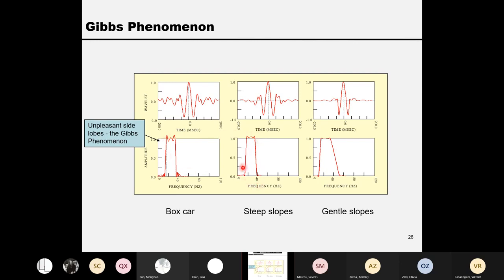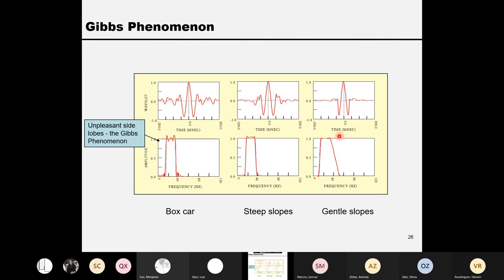You have a slight slope here. You can see the Gibbs phenomenon, and also the top becomes much flatter. But ideally for this one, you need a gentle slope. If we have a gentle slope, this ringing here is much smaller, and the top here is almost flat at 1.